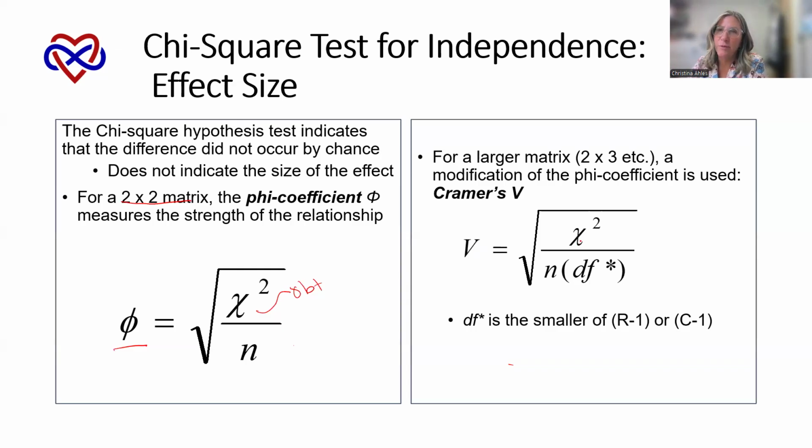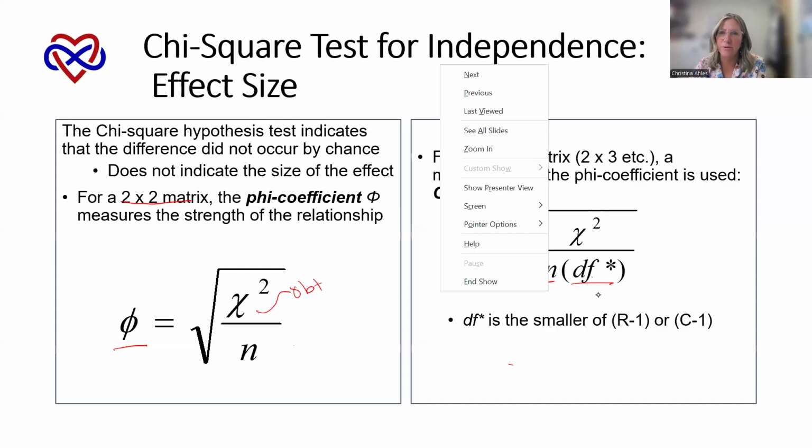So if you have a 2 by 3, you're still going to have the same value for V as if you had phi coefficient, because you're multiplying the sample size by the lowest degrees of freedom. So remember, you have rows minus 1 or columns minus 1. Whichever one of those is smaller is what you're going to multiply n by.